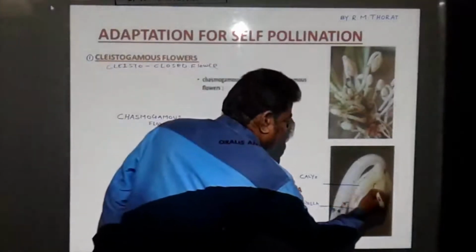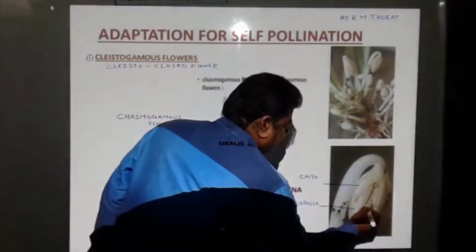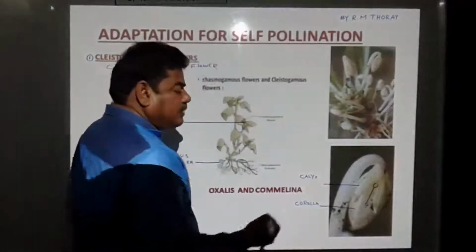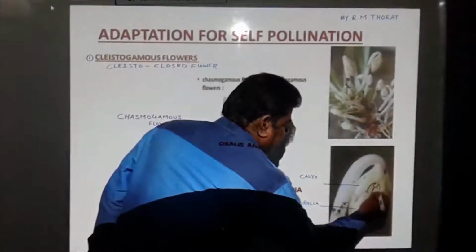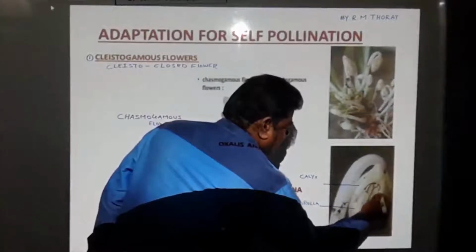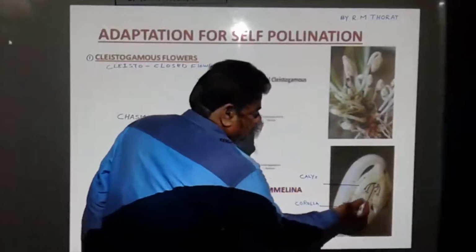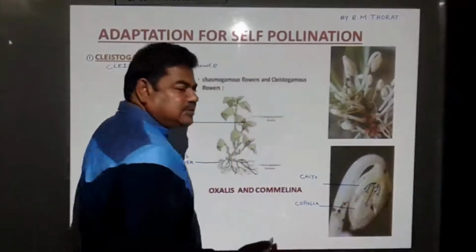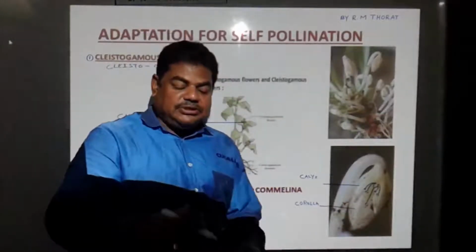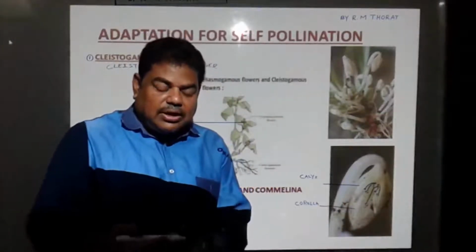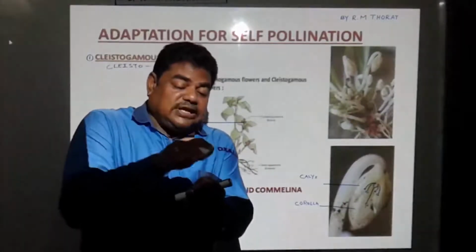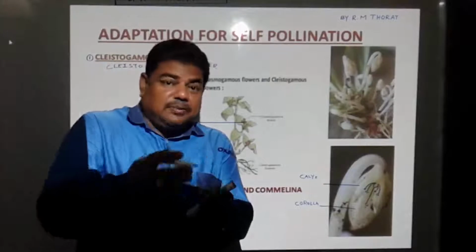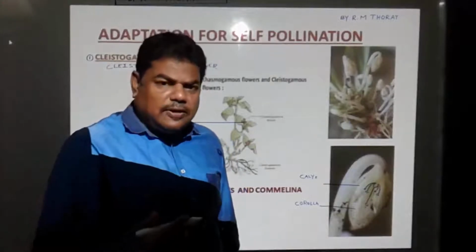This structure we call the female reproductive organ, the gynoecium, and the male reproductive organ is present here inside the closed petals. Both androecium and gynoecium are present in one flower, meaning this flower is bisexual, but the sex organs are present inside the closed petal. Self-pollination is the rule.